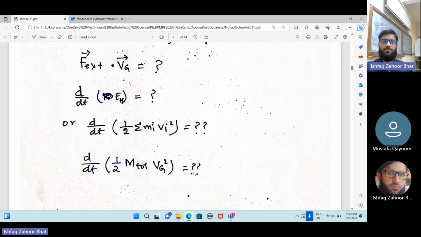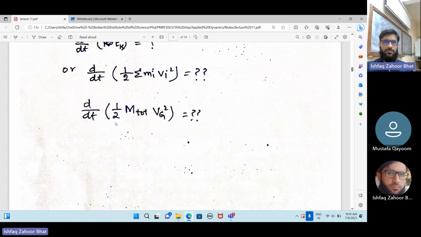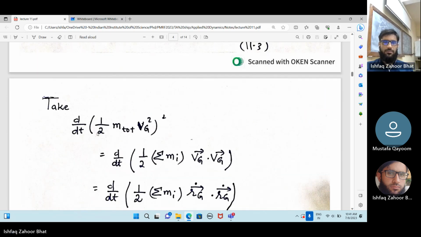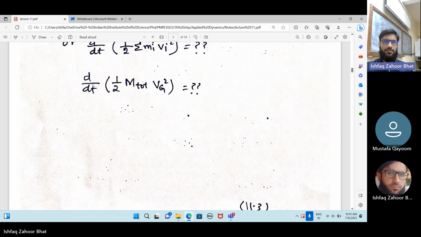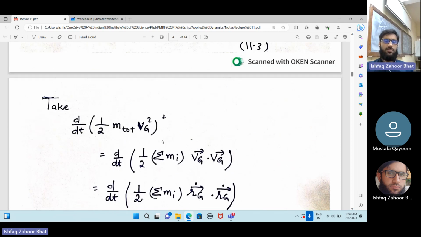So let us take this d by dt of this thing and differentiate it. Let us take this expression. That is the rate of change of the kinetic energy.